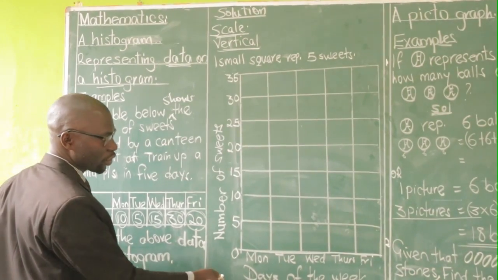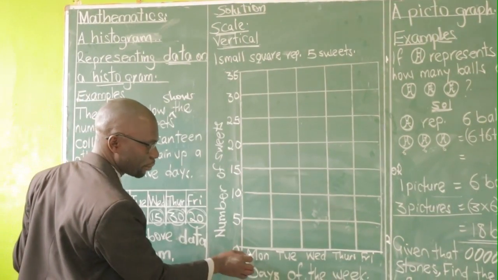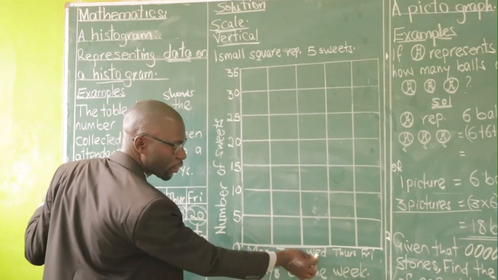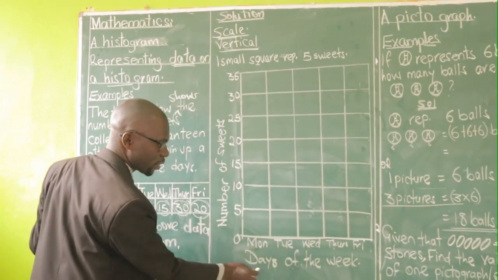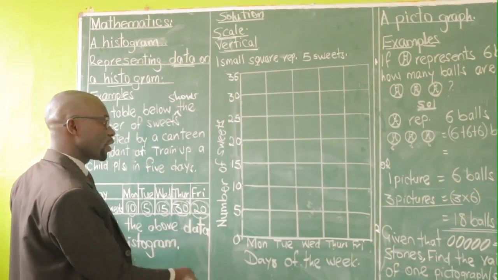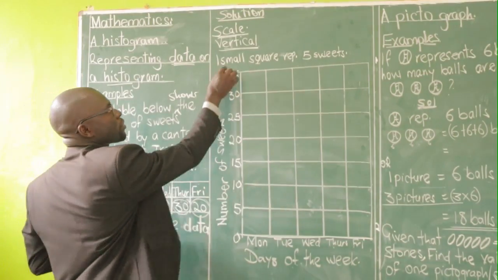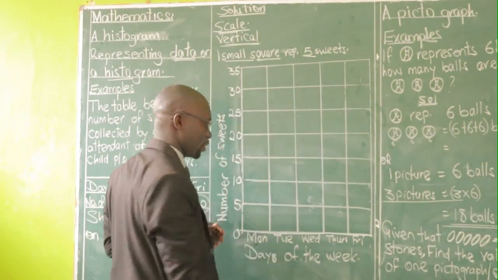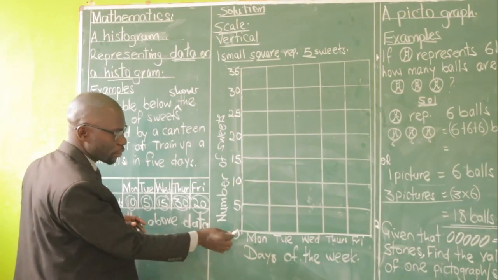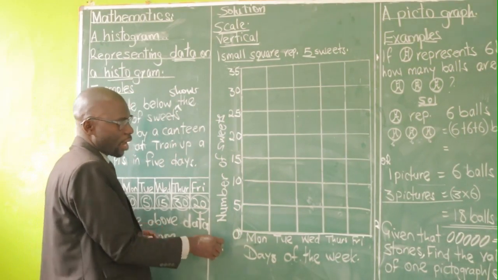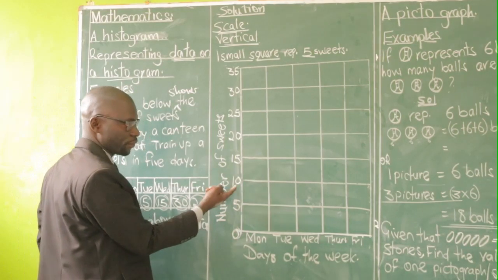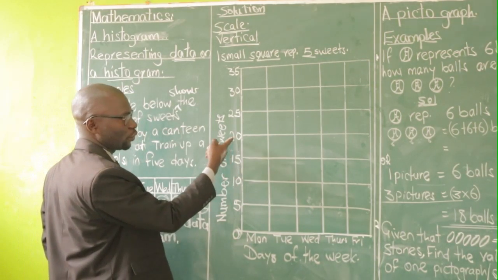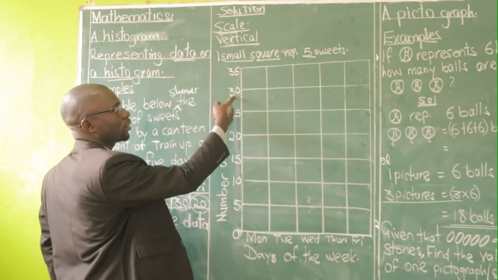Now here, we shall draw and put Monday, Tuesday, Wednesday, Thursday, Friday. These are days of the week. And then this side we can choose and say, one small square will be representing 5 sweets. So now we can put our 0 here, and then 5, 10, 15, 20, 25, 30, 35.